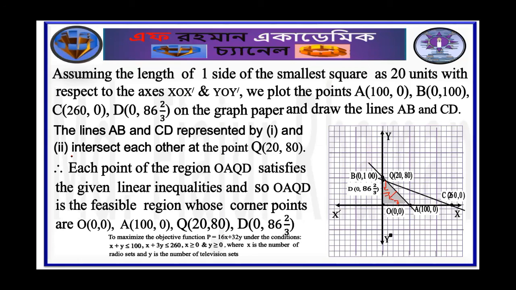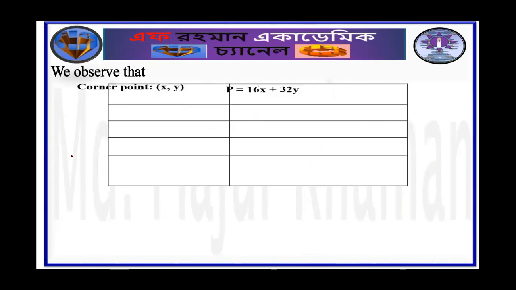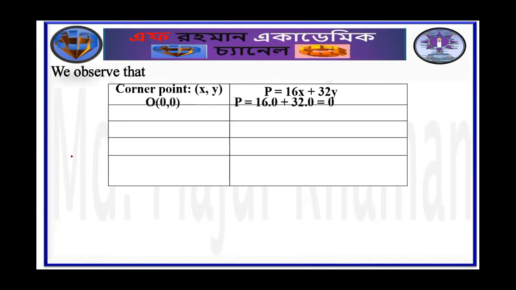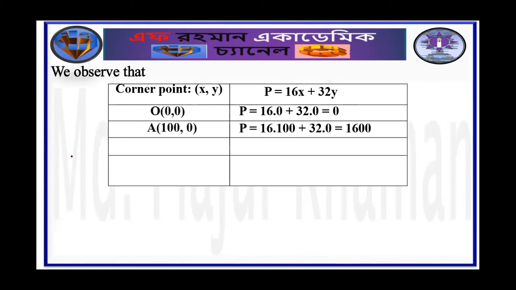Since the maximum value of P lies at a corner point of the feasible region, let us find the value of P at these corner points. We observe the corner points (x, y) and P equals 16x plus 30y. At the point (0, 0), P is 0. At the point (100, 0), P is 1600.